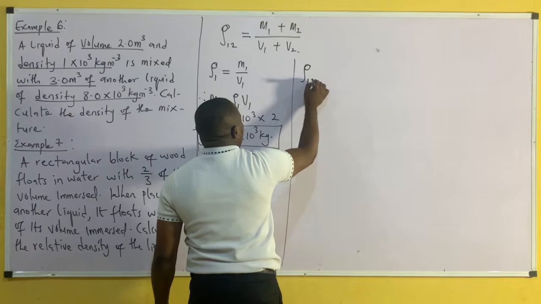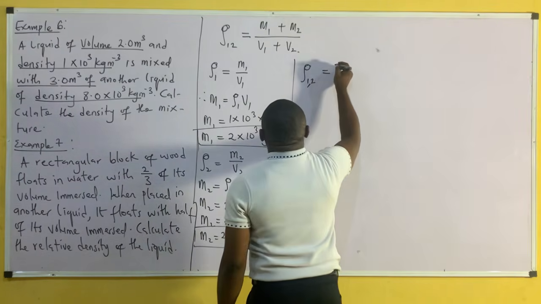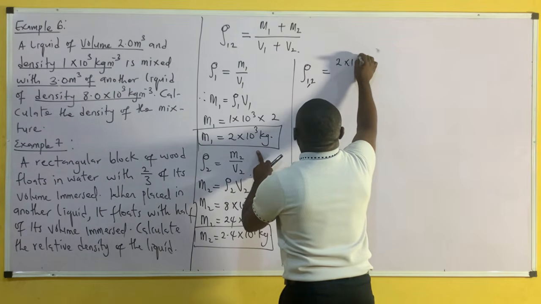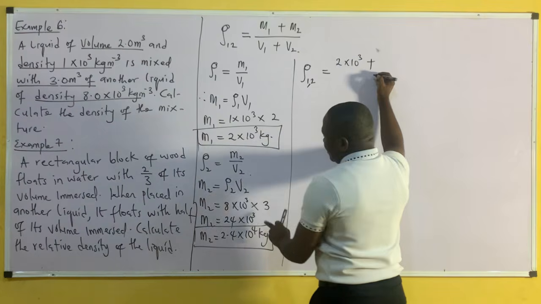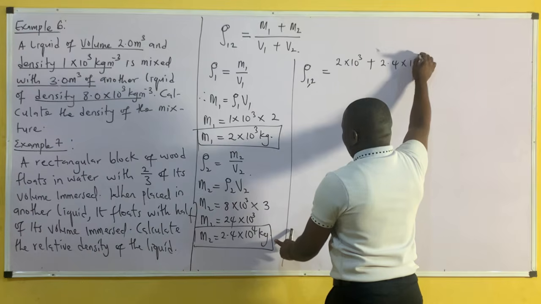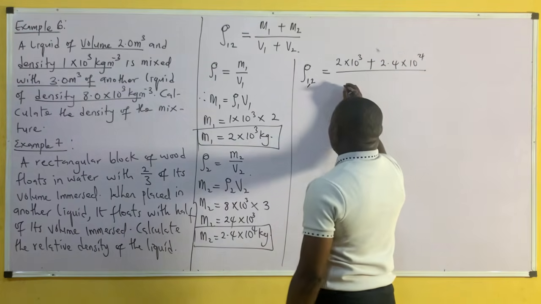Density of the mixture, which is 1 and 2, is equal to, what's the mass of 1? The mass of 1 is 2 times 10 raised to 3, plus the mass of 2, which is 2.4 times 10 raised to 4, over, what is the volume of 1?